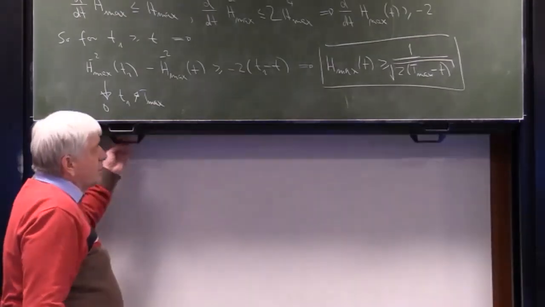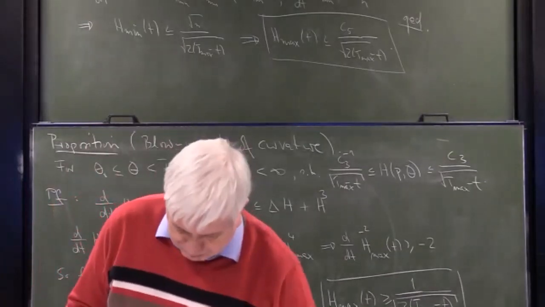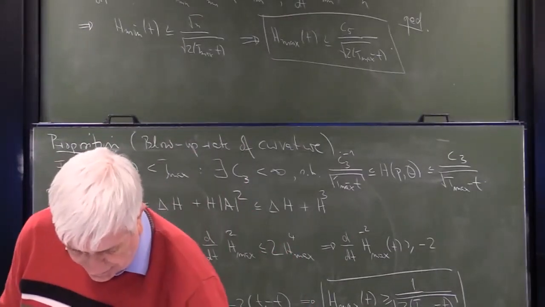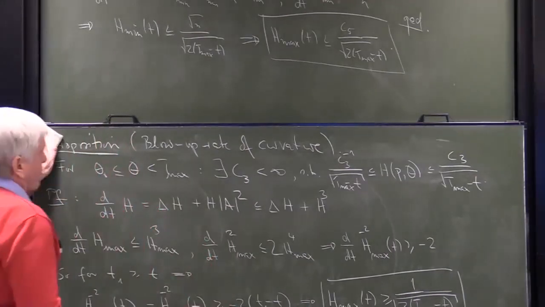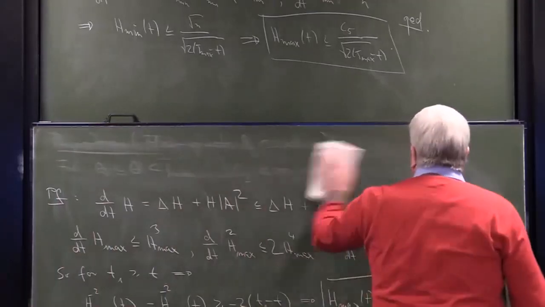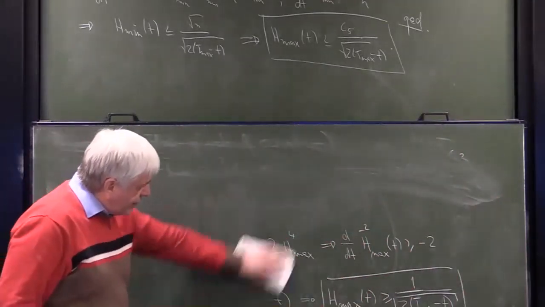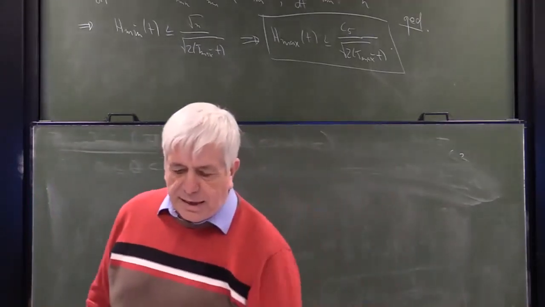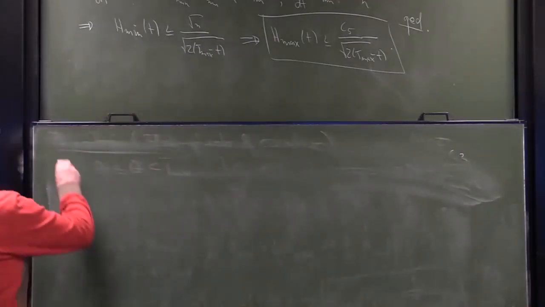Okay, now we know exactly what the blow-up rate is, and this now enables us to rescale things. And now for the rescaling, we have 3 possibilities. We want to show that after rescaling, the surfaces converge to the round sphere.